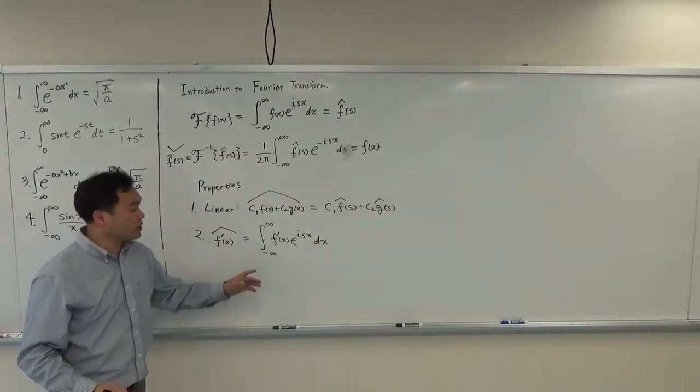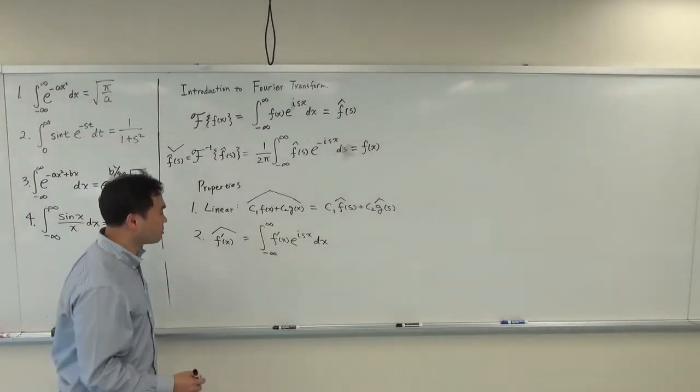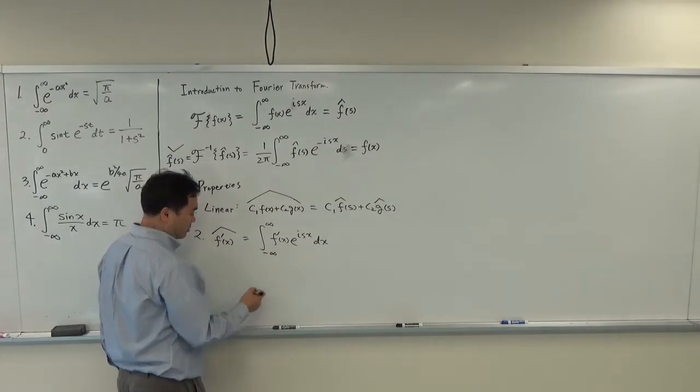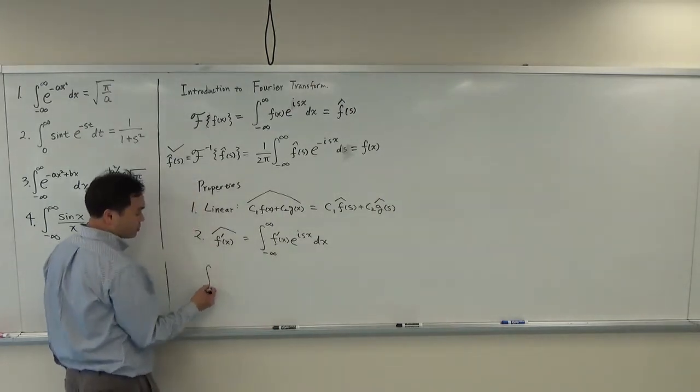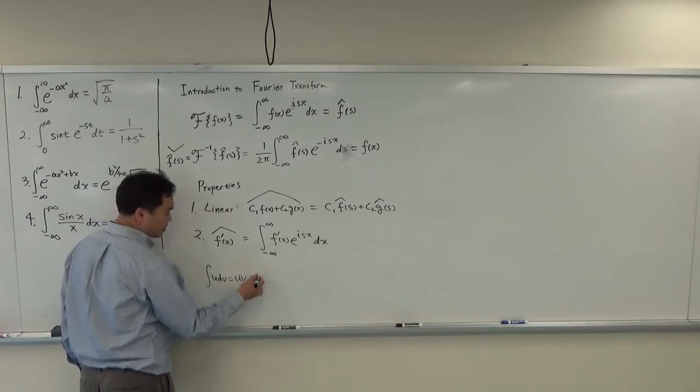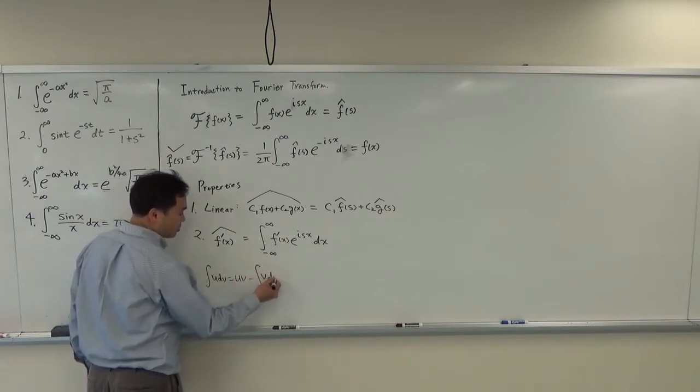And we can do integration by parts to this one. So what does integration by parts do? Well, integration by parts is the integral of u dv equals uv minus the integral of v du.